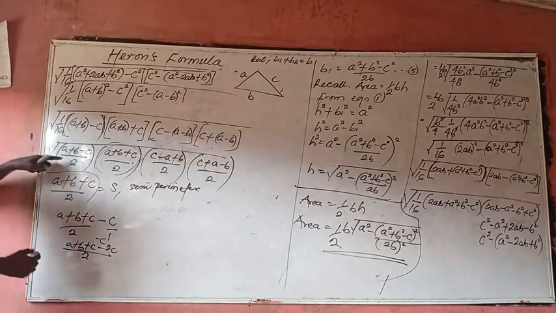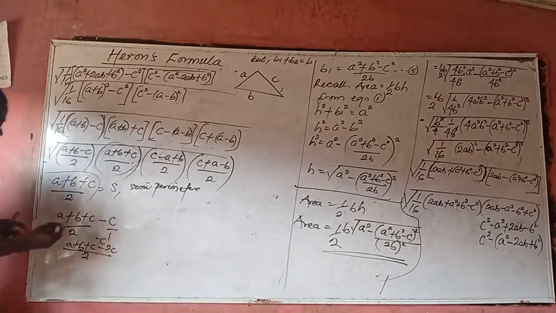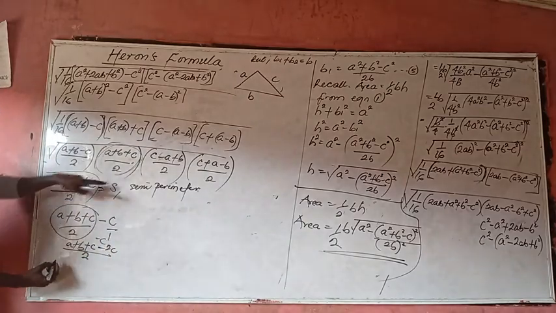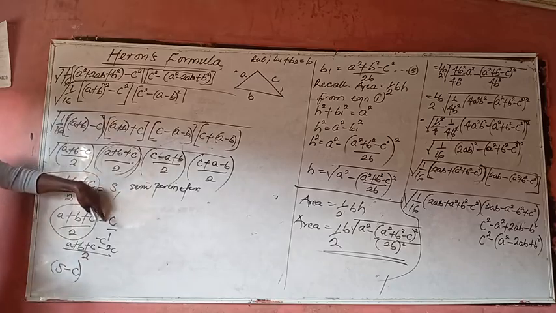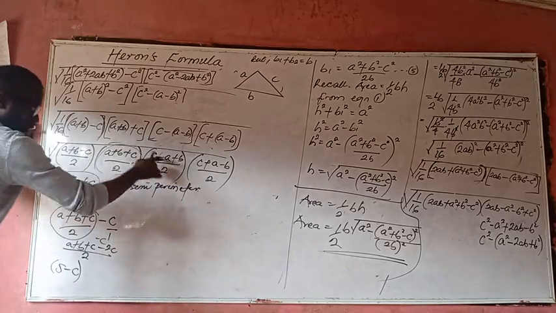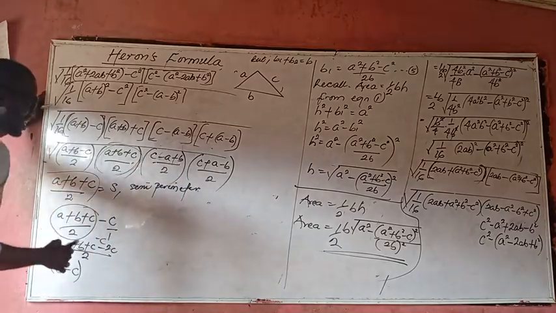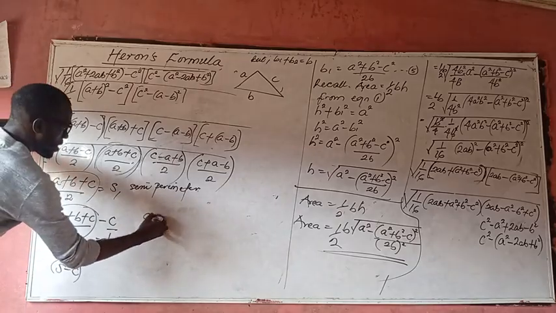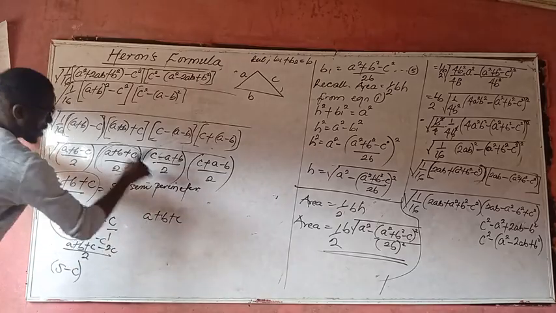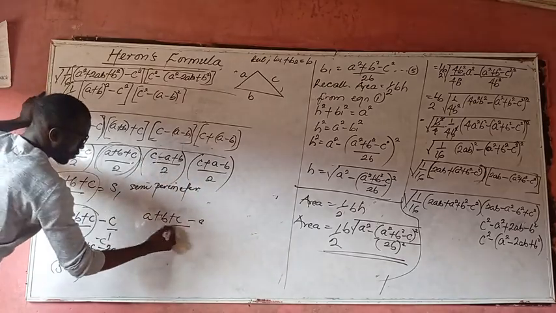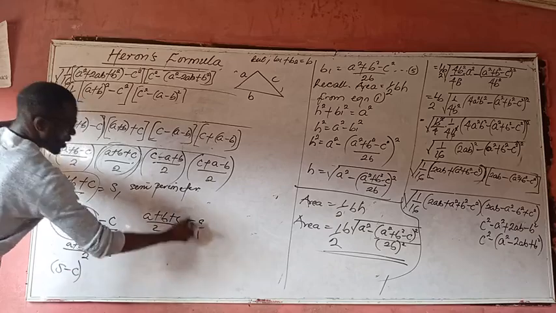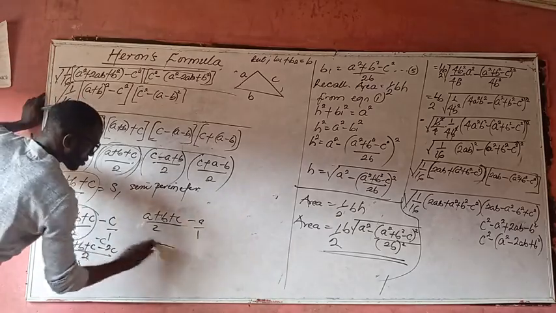Alright, so therefore I can say that since this thing is S, this place can be S minus c. Does it make sense? This place too is going to be a plus b plus c. What is negative here? A, right? So it will be minus a again. All over 2 minus a. Let's test it. LCM is 2 again.